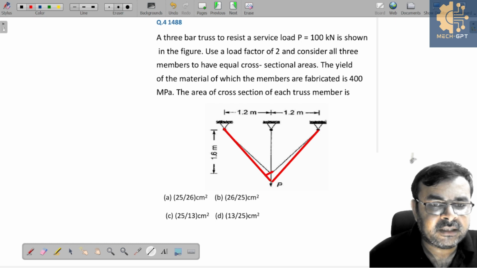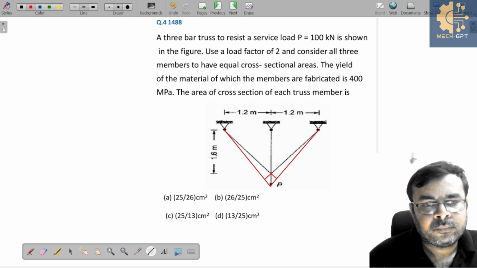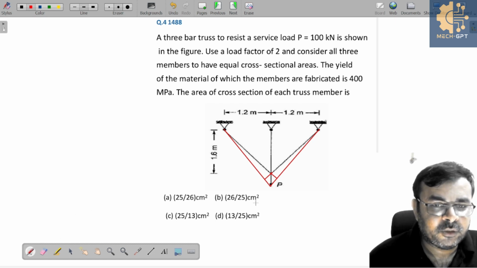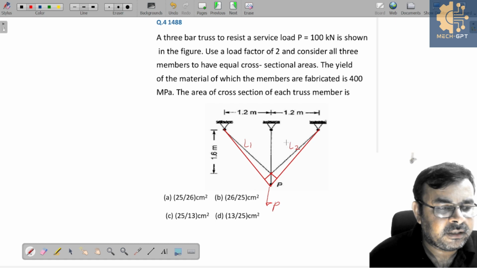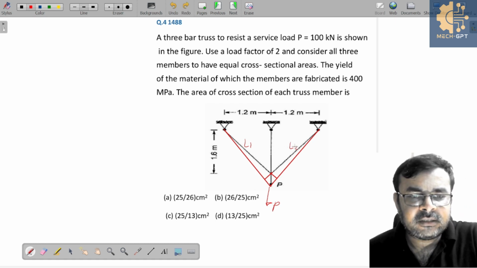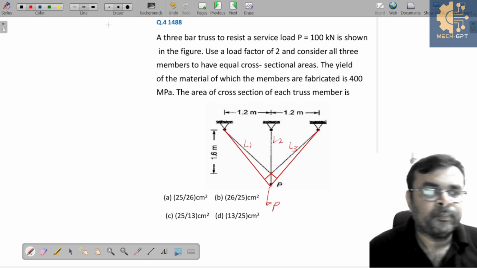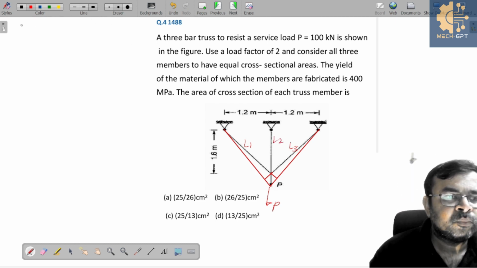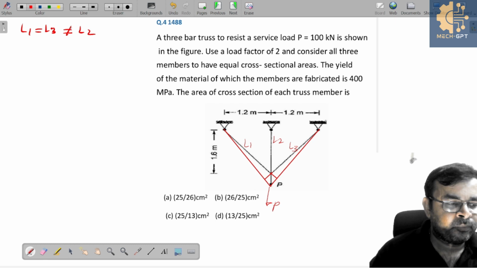And if you extend this like this due to this load P, correct? So this length is L1, and this length is L3, and this length is L2. And can I say L1 is equal to L3? Yes or no? But not equal to L2? Yes or no?